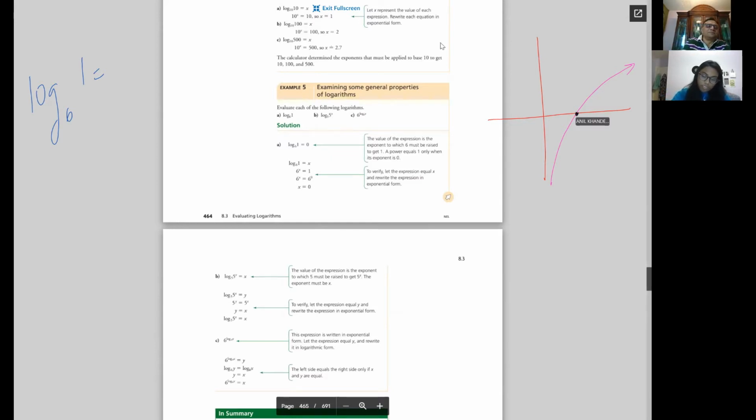And then you have to find what n is. But then nothing equals 1, like, how do you find 1? Zero, right? Six to the power of 0 is 1.